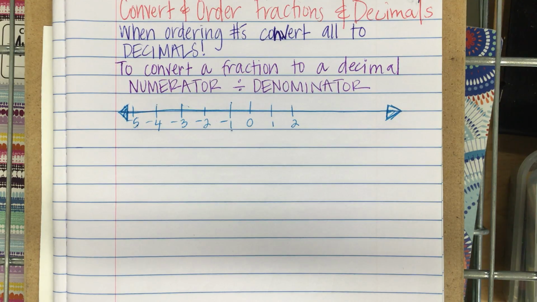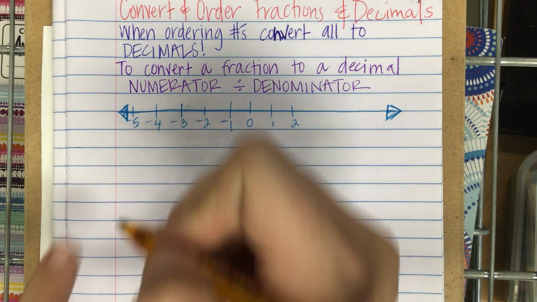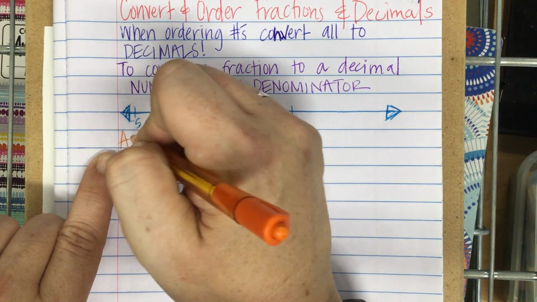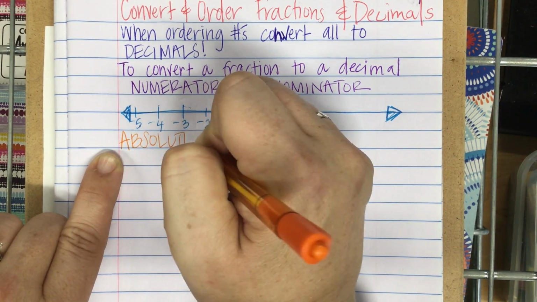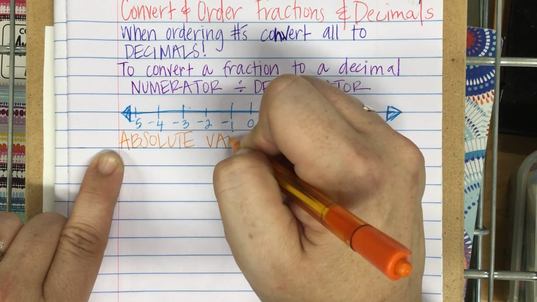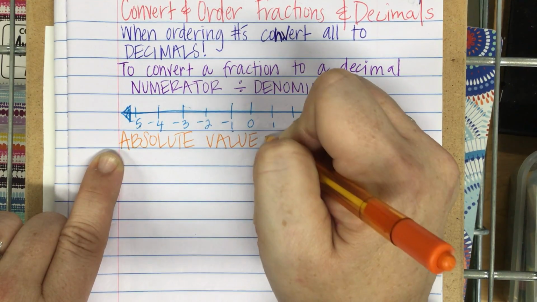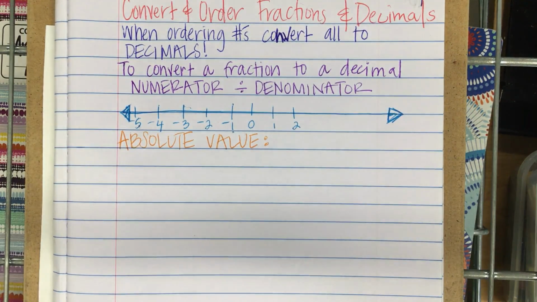Do you remember this? What do you remember about absolute value? Think before you want to answer. Let's talk about absolute value. You learned about absolute value last year. Think about what we remember, because here's what I'm going to tell you.